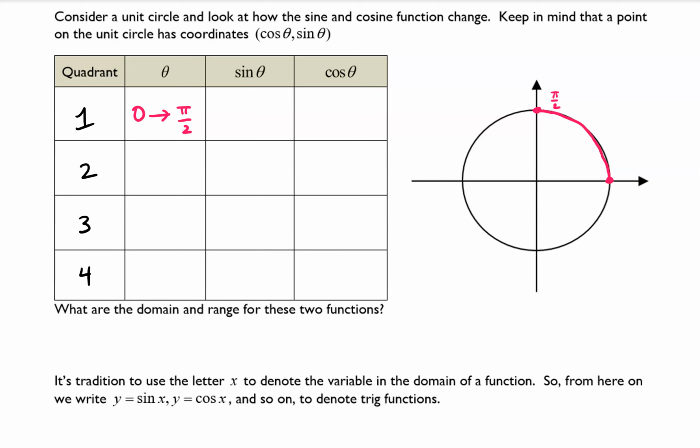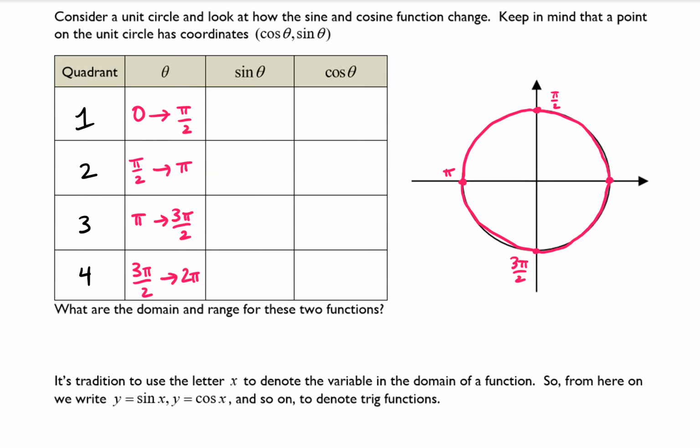For quadrant 2, we start at pi over 2 and stop at pi. For quadrant 3, we start at pi and go to 3 pi over 2. And for quadrant 4, we start at 3 pi over 2 and go to 2 pi.